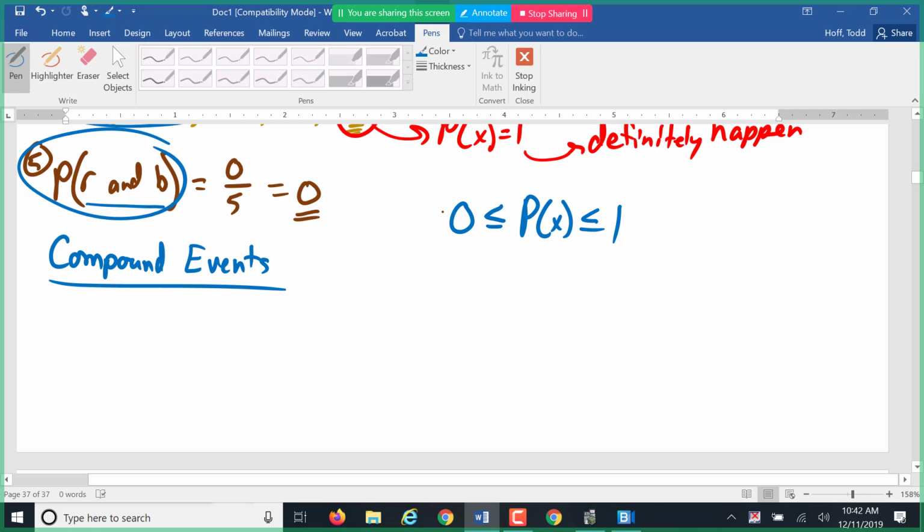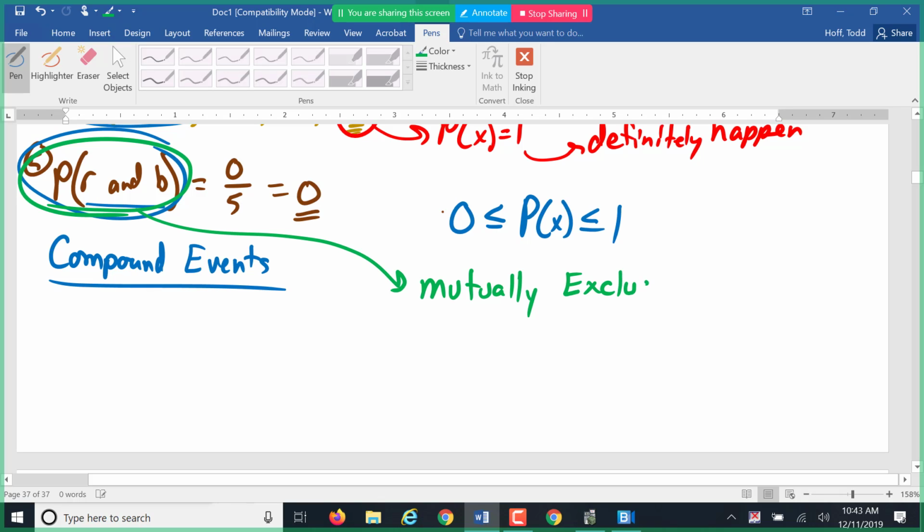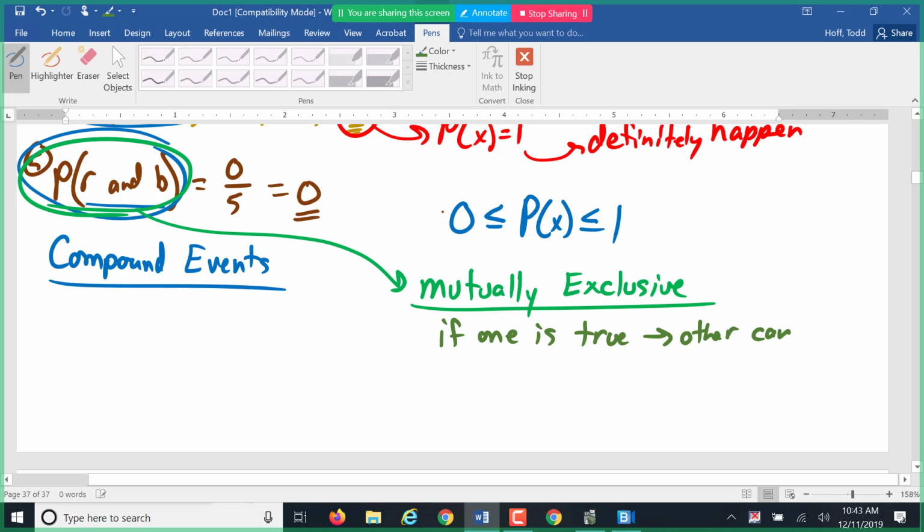This idea here, saying we wanted that marble that we drew to be red and blue, is something we refer to as mutually exclusive. If one is true, the other one cannot be true. So if the marble is red, it cannot be blue, and if the marble is blue, it cannot be red.